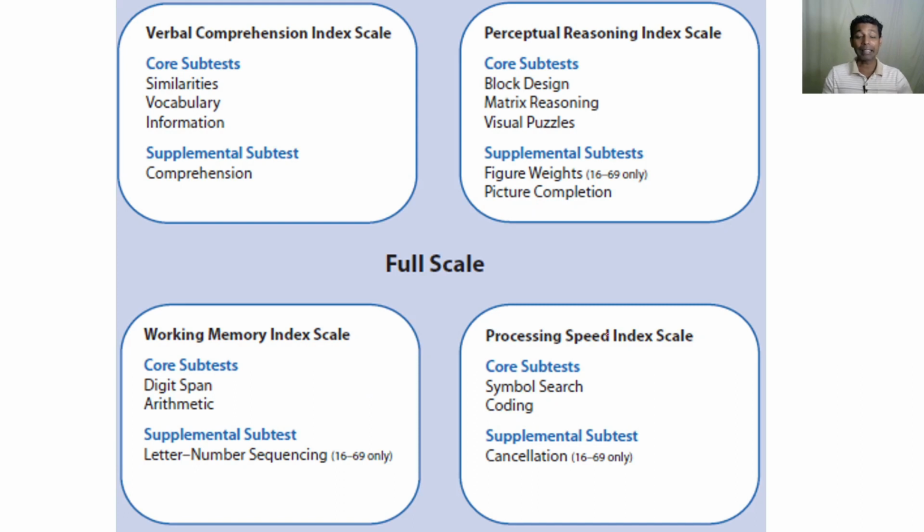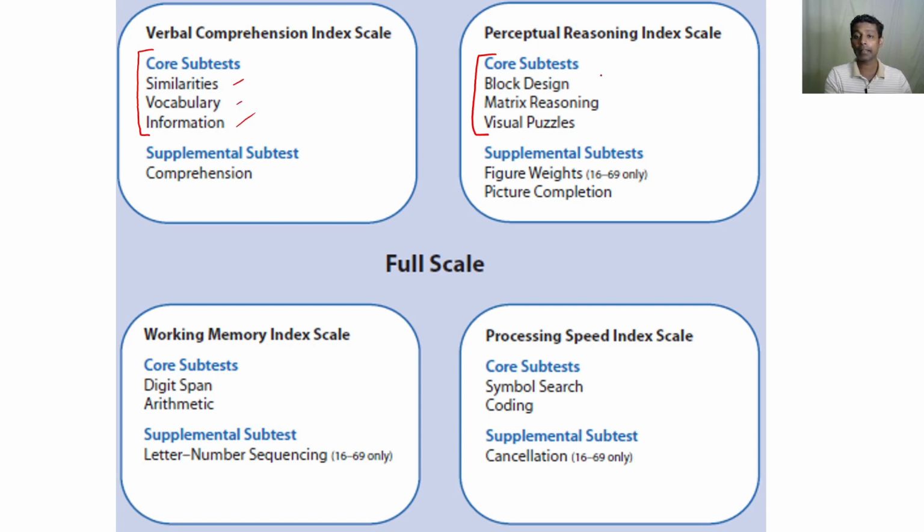Now these are the indices that we are talking about. I was talking about core tests, main tests and supplemental tests. So these are the core tests for each element. Verbal comprehension index, these are the subtests.